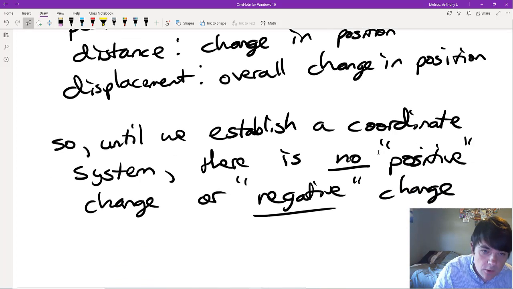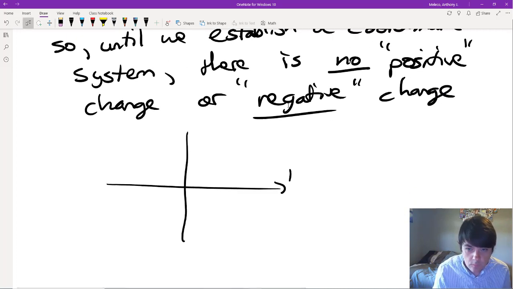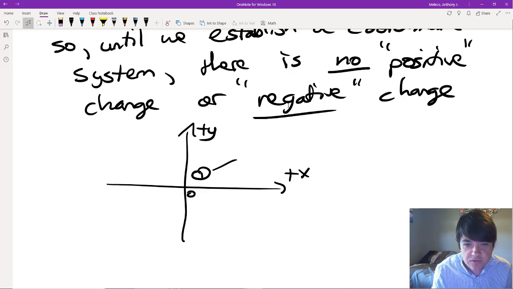There's nothing like that. Because the job of a coordinate system, like this, plus x plus y, is to give you some bearing on what you're doing, right? So under this coordinate system, well, 1 to 2, you could say I'm moving in the positive x a little bit and in the positive y, right? But that's only because I overlaid a coordinate system on top. Without a coordinate system, I didn't do any of that.